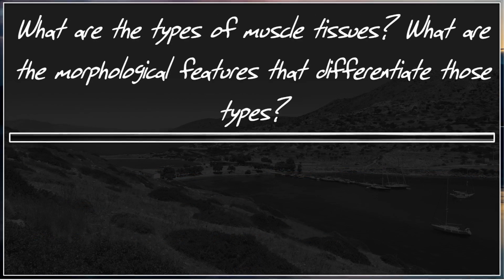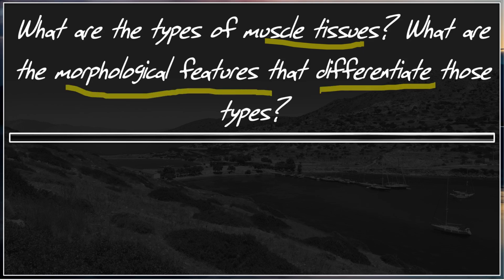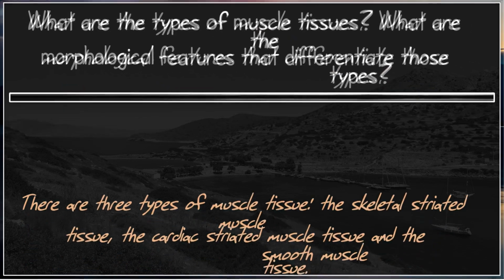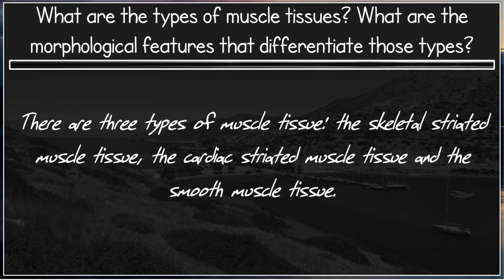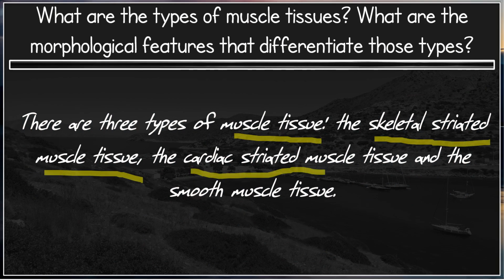What are the types of muscle tissues? What are the morphological features that differentiate those types? The three types of muscle tissues are the skeletal striated muscle tissue, cardiac striated muscle tissue, and smooth muscle tissue.